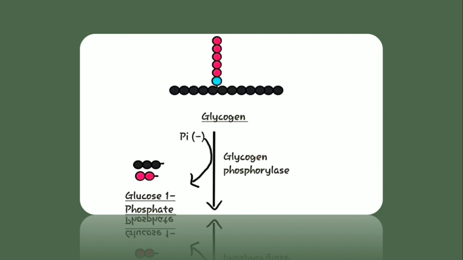The glucose molecules connected in a chain are joined by alpha 1,4 glycosidic bonds, but the bonds formed at the branch junctions are alpha 1,6 glycosidic bonds. Now, glycogen in the presence of the enzyme glycogen phosphorylase gets converted into glucose 1-phosphate. This enzyme works until 4 residues of glucose are left on the other side.